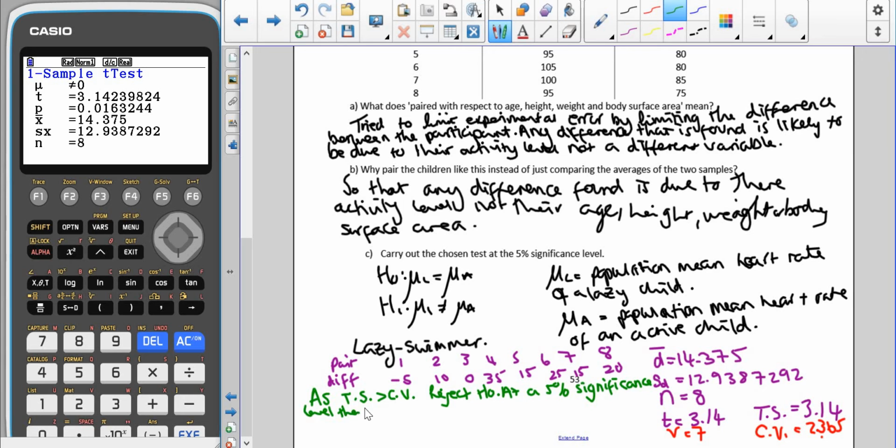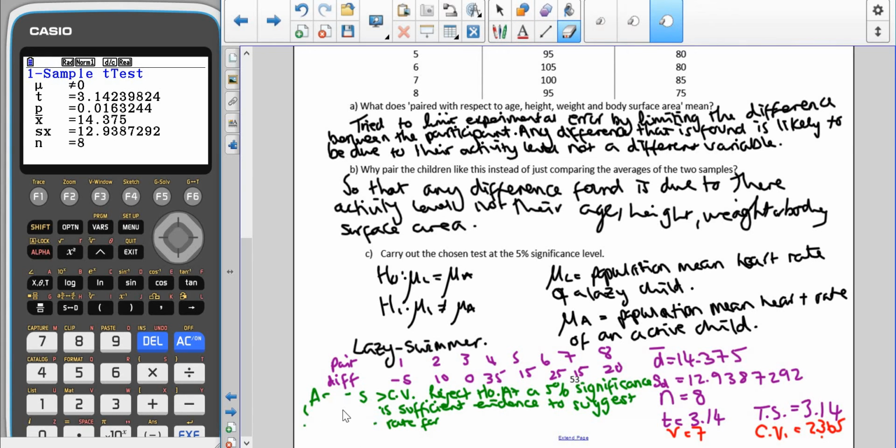There is sufficient evidence to suggest the heart rate, sorry, that should say the mean heart rate.